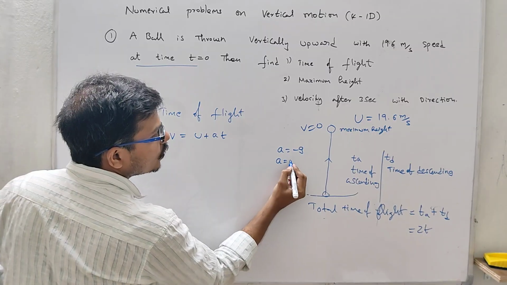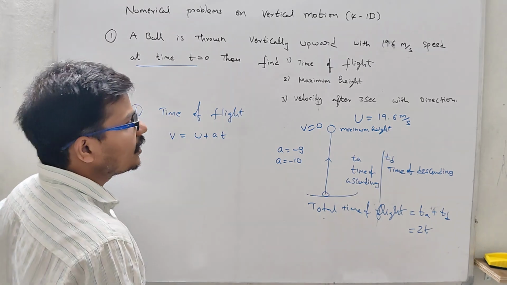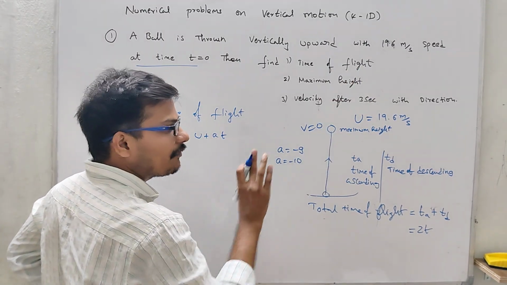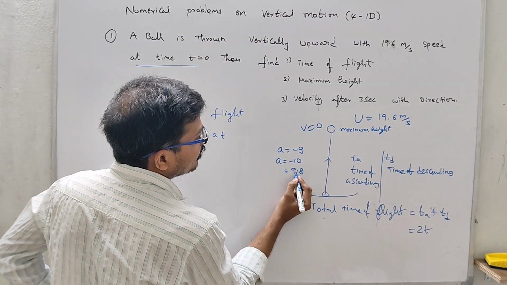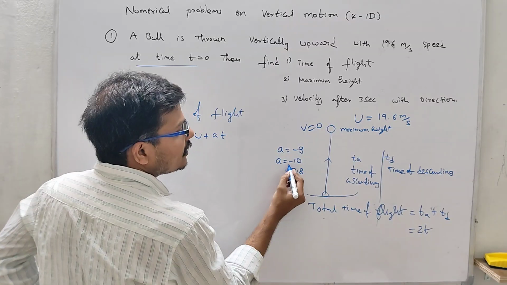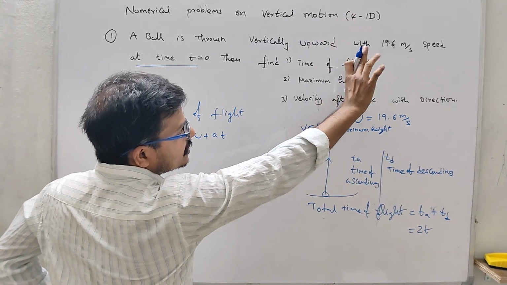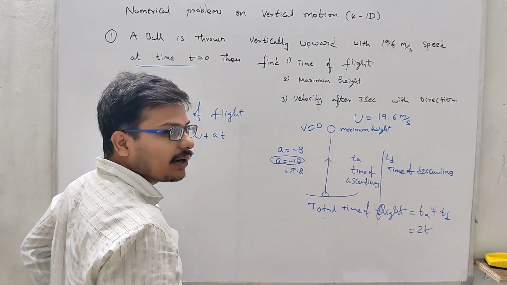We could take g as 10, but here the given value is 19.6, not a perfectly round value, so take g as 9.8, minus 9.8. If the question has perfectly round values, we use 10; otherwise we choose 9.8.